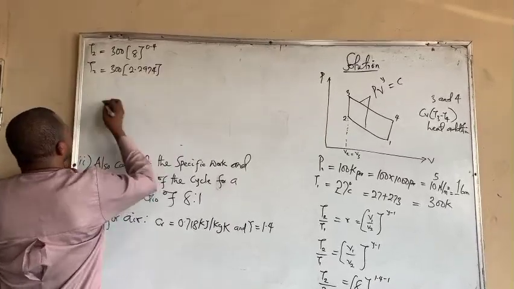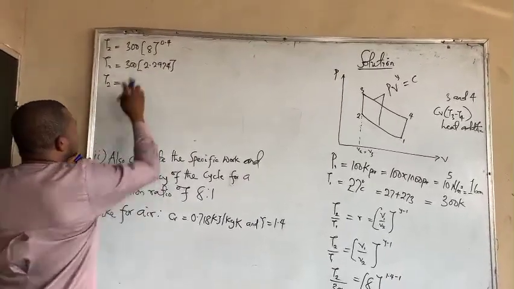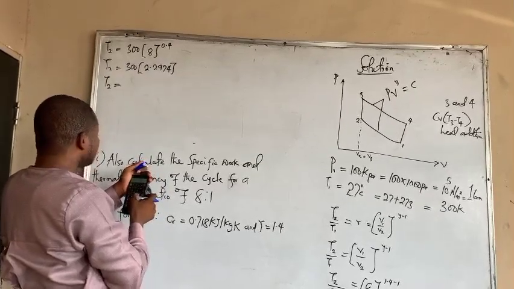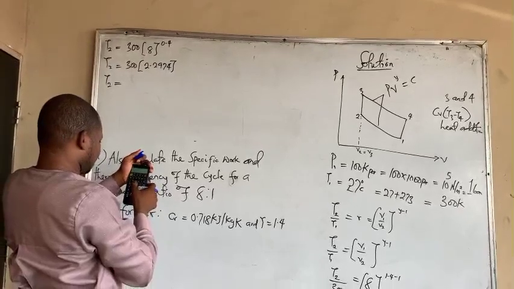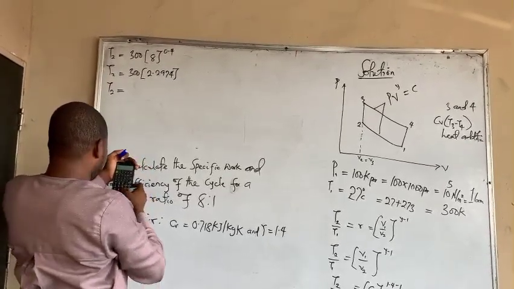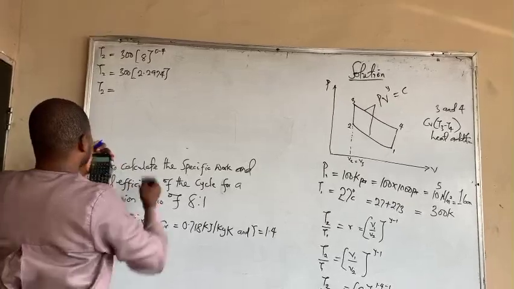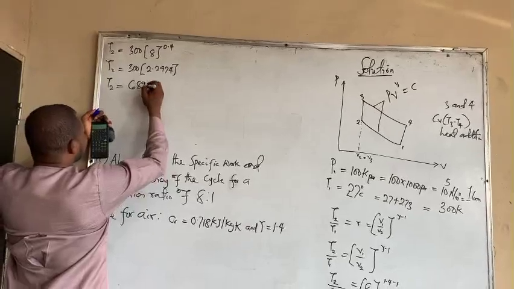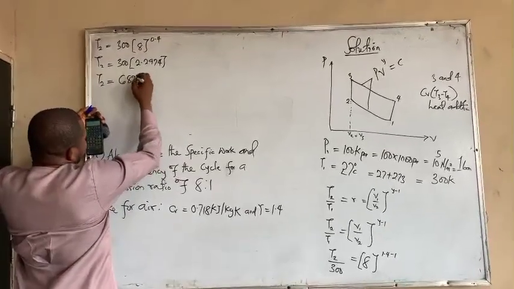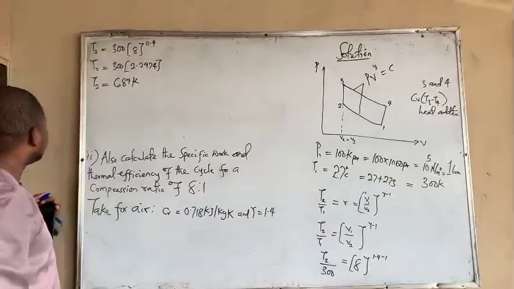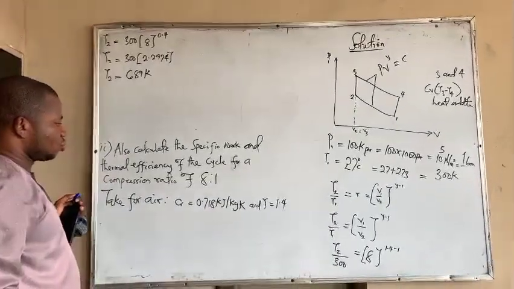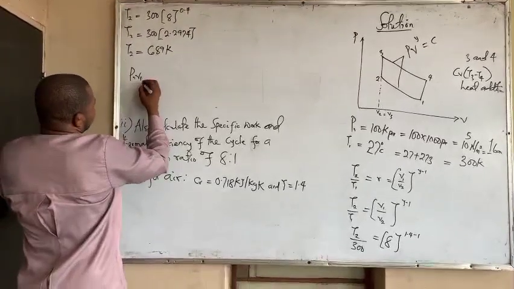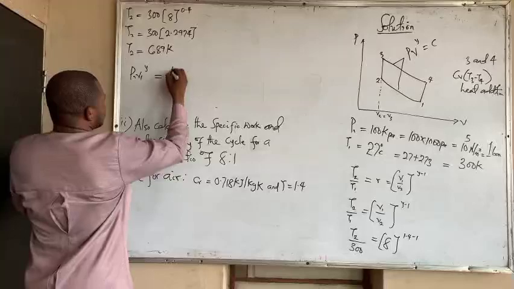So my T2 further becomes, multiply this out, 2.2974 multiplied by 300. This gives me 689.2 Kelvin. Okay, let's just say 689 Kelvin approximately. That is for T2.